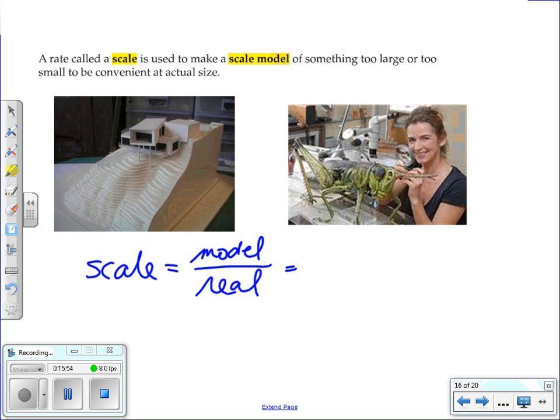So say the model might be 4 inches and the real thing might have been 200 feet. And in this case, 1 inch equaled 50 feet. Remember that, guys? Or it could be the reverse, where this had to get blown up. All right, so scale and scale model. Scale is a ratio that just talks about making a model. It's the proportion you use, the ratio you use to make a model.